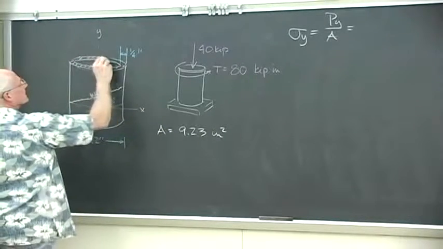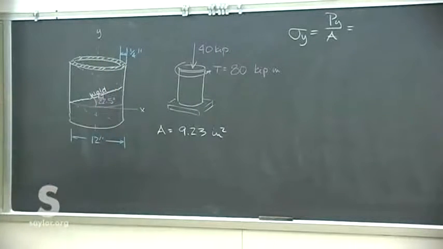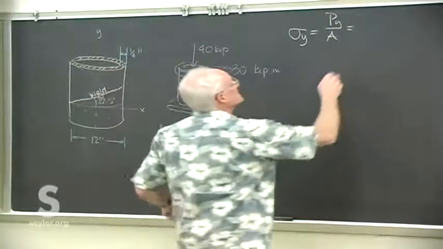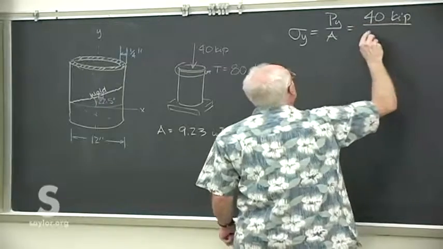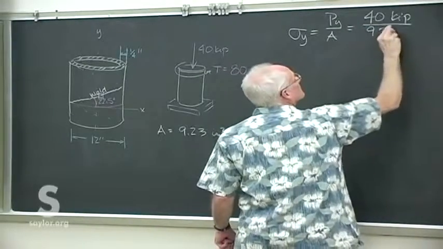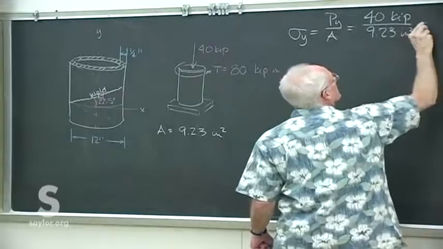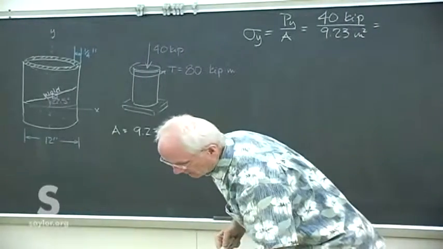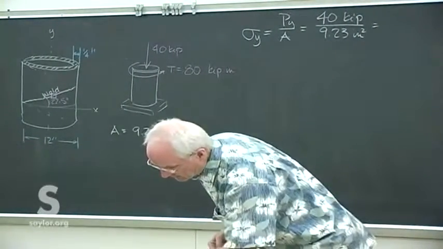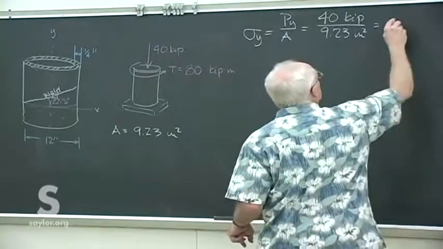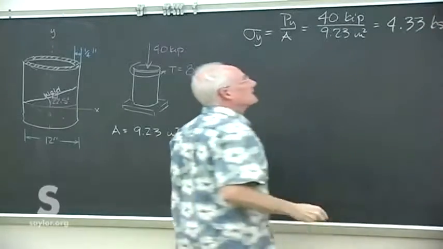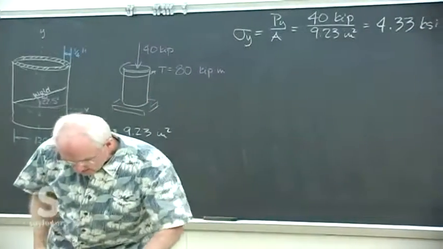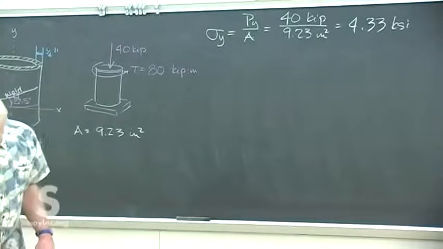That's the area that's supporting that load. And the load itself is 40 kip over the 9.23 inches squared. So that's easy. We could have done that in the first week. 4.33 KSI. So that's back. That's stuff from a long time ago. That's easy.